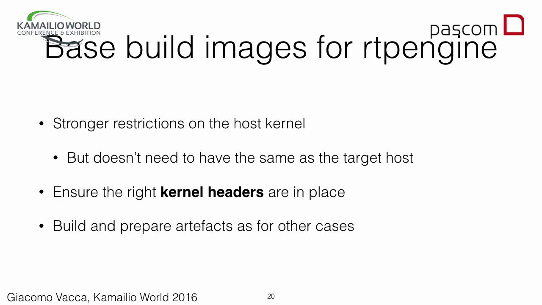For rtpengine, you have a big constraint, which is the fact that you are going to build the kernel module. But even if with Docker you have the constraint of only using the kernel provided by the host, it's also true that as long as you have the kernel headers available inside the build container, you will be able to build the version that you need and then extract the artifacts, the kernel modules, out.